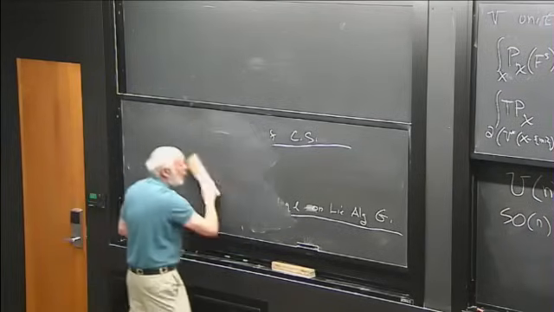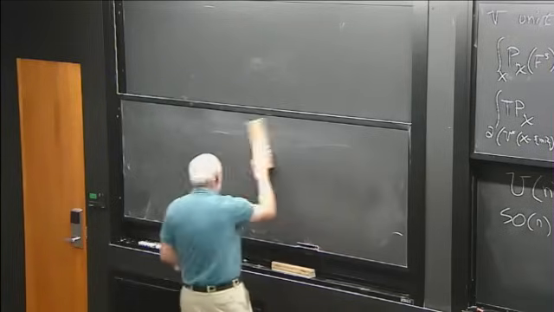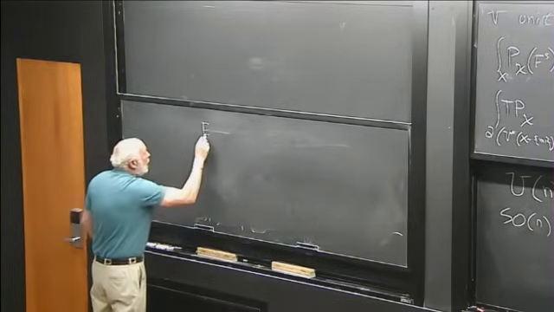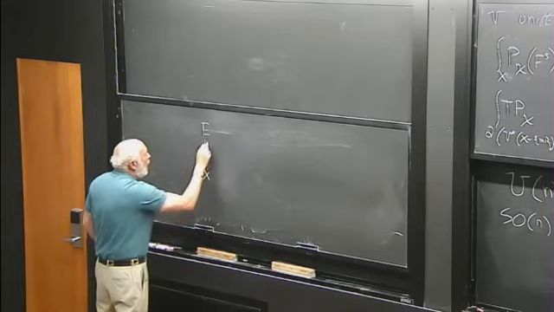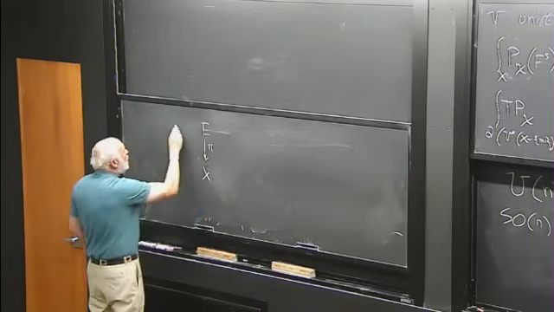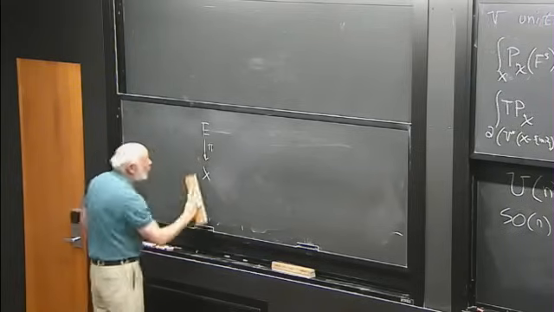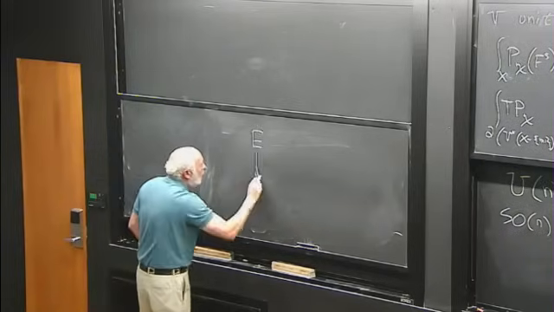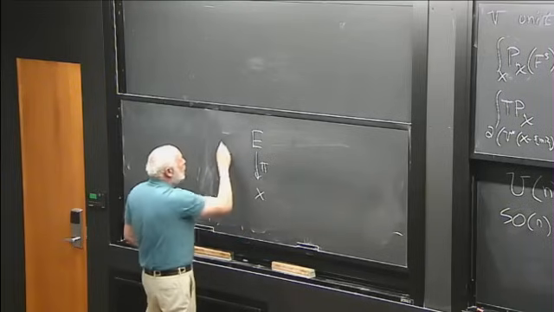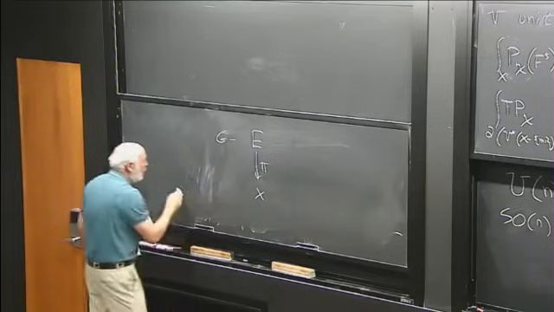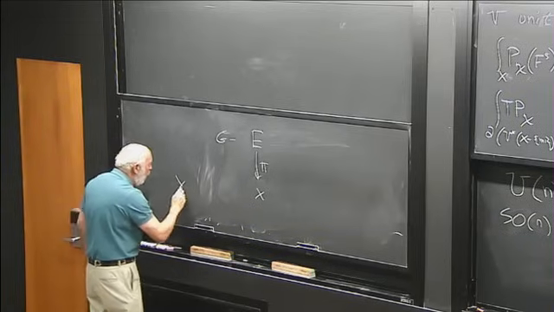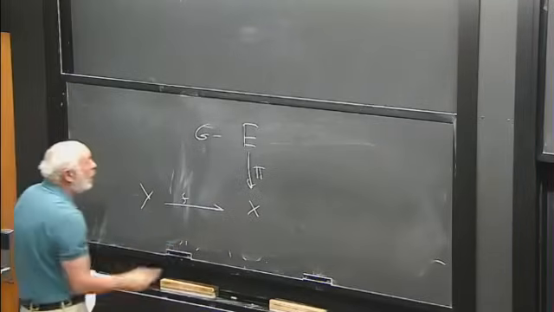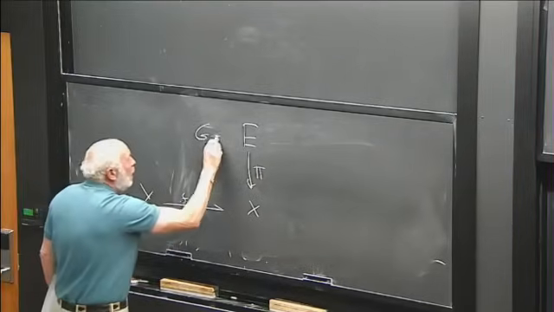if you have one of these bundles with connection, E down to X, pi, and so on, G, well, I'm going to move it to the left here. E, pi, X, G. And then suppose I have a smooth map of Y, some other manifold, into X. Call that F. Well, then it turns out I can pull back everything.